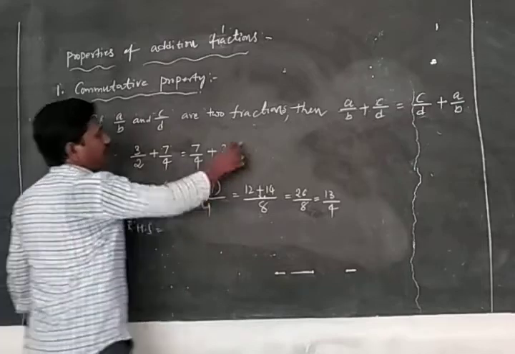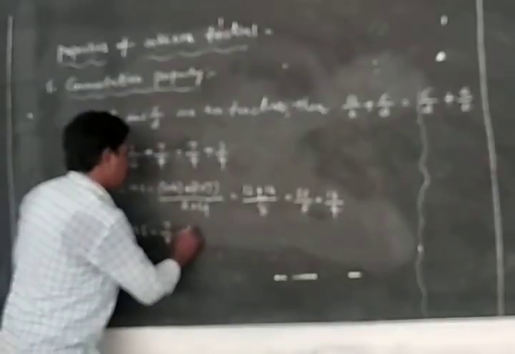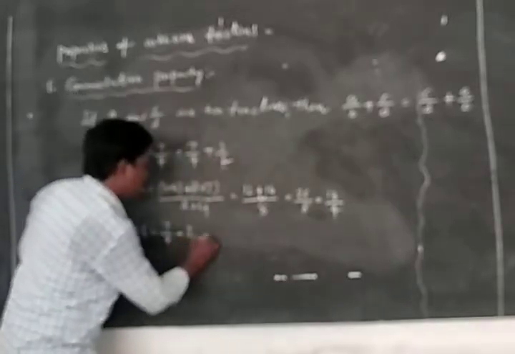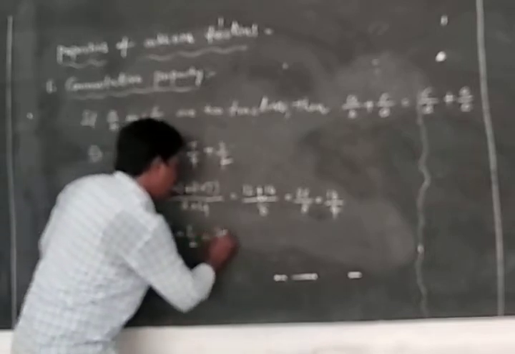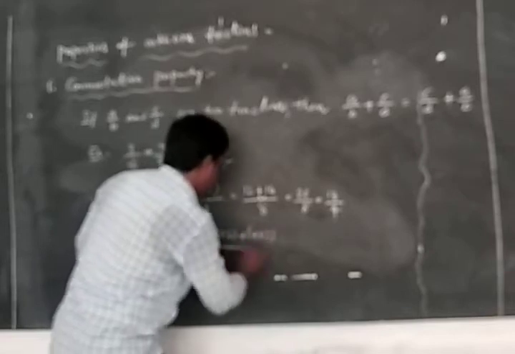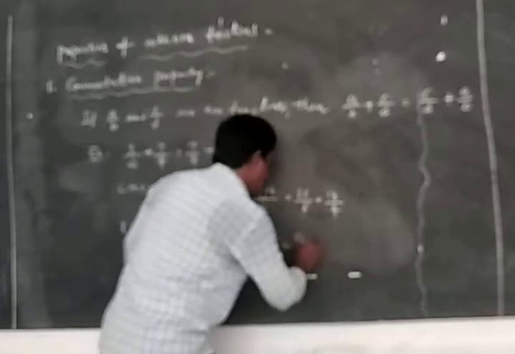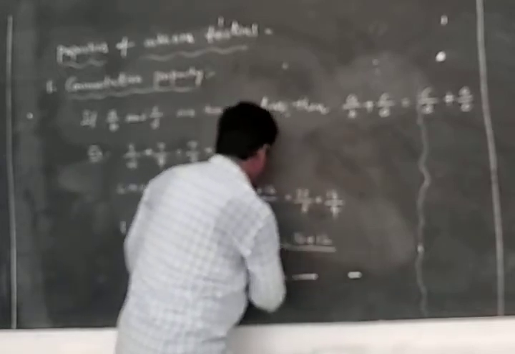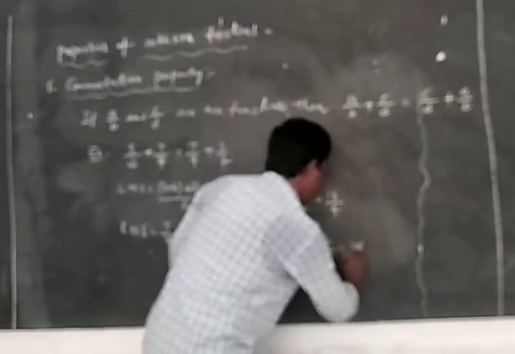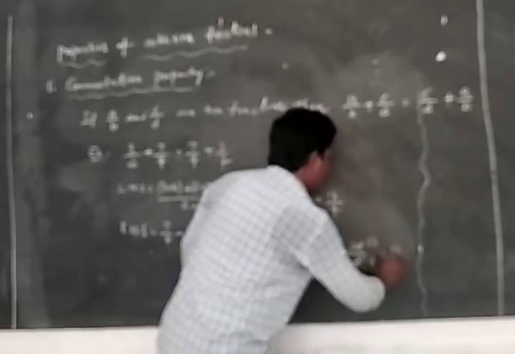RHS means 7 by 4 plus 3 by 2. 7 into 2 plus 4 into 3 by 4 into 2. 14 plus 12 by 8. That means 26 by 8. 2 table: 13 times, 14 times. What we got? 13 by 4.